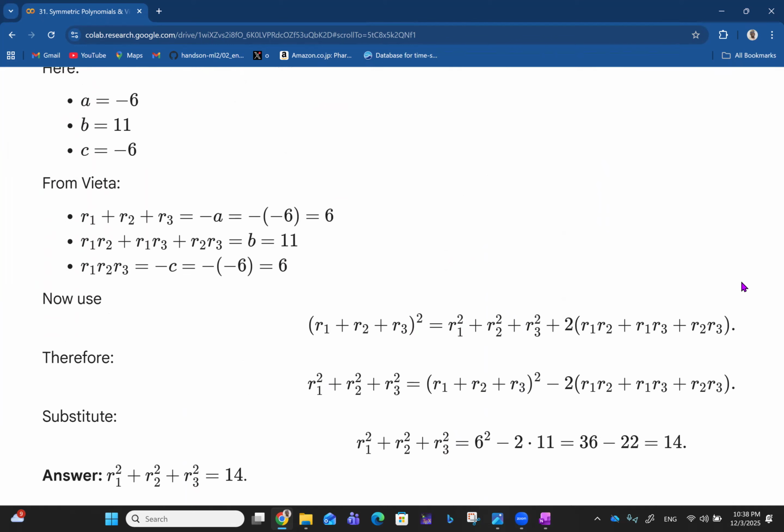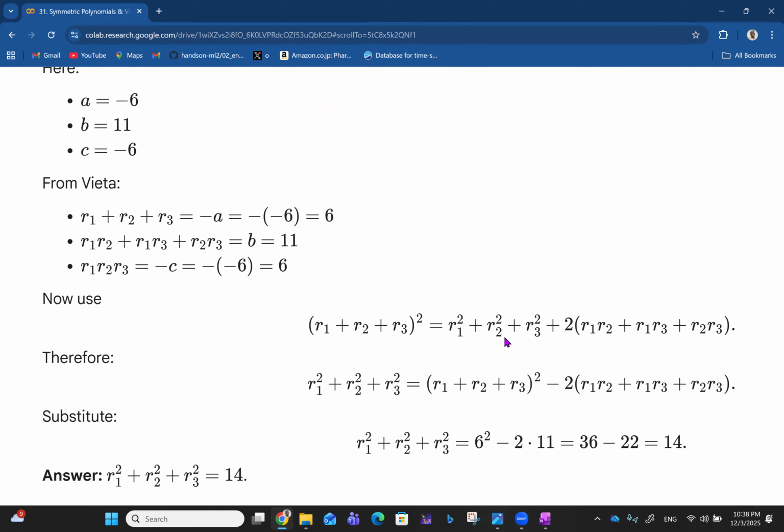Once you square it, you're going to have R1 squared, then R1 R2, R1 R3, and so on. By the time you work all of that out, you have R1 squared plus R2 squared plus R3 squared plus 2 times R1 R2 plus R1 R3 plus R2 R3.